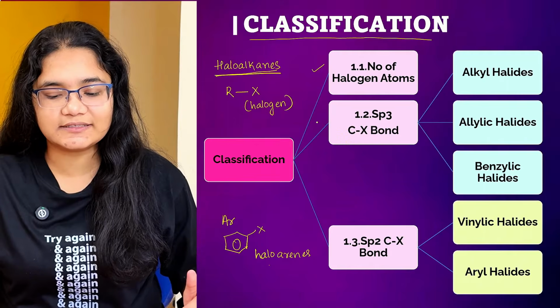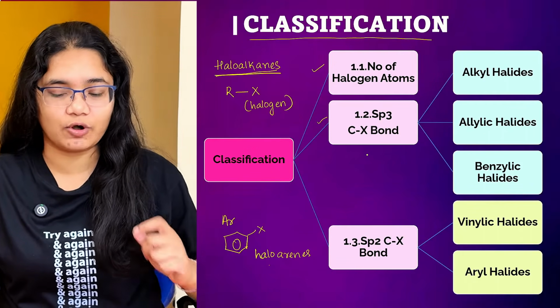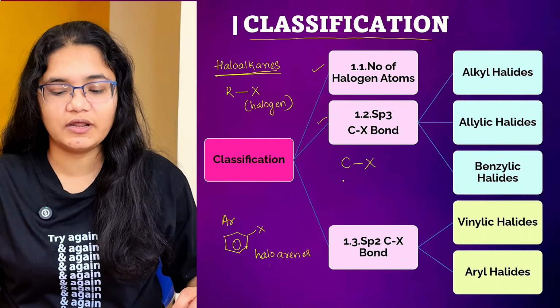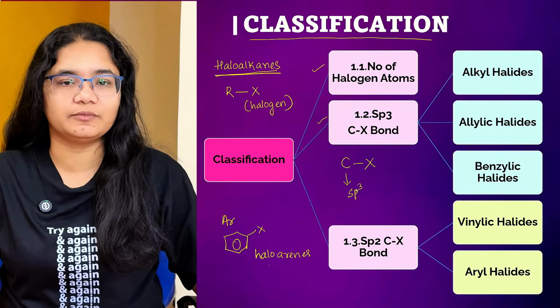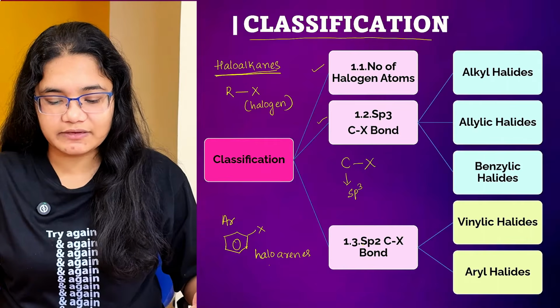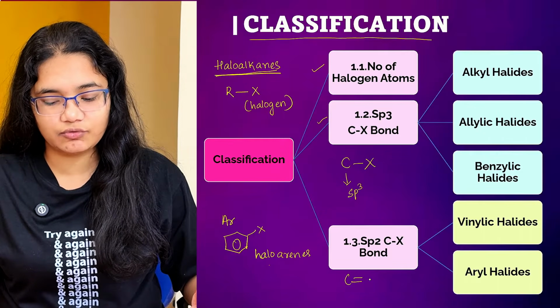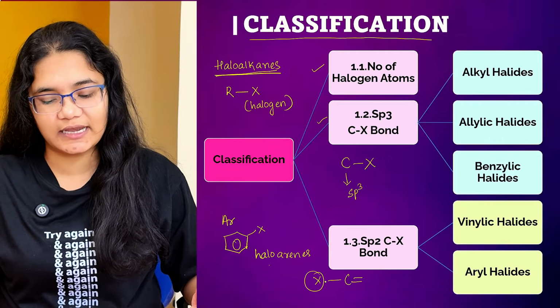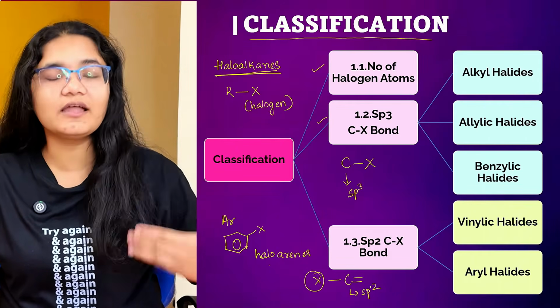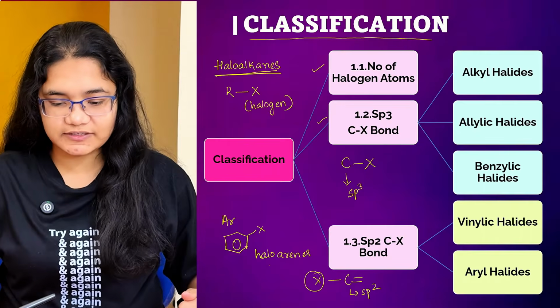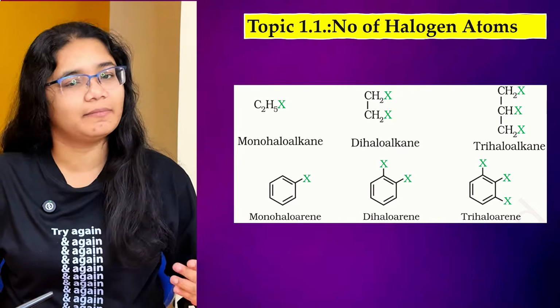The second is the sp3 C-X bond, meaning the carbon bearing X is sp3 hybridized. Next we will see if the carbon is sp2 hybridized. So first let's talk about the basis of the number of halogen atoms.